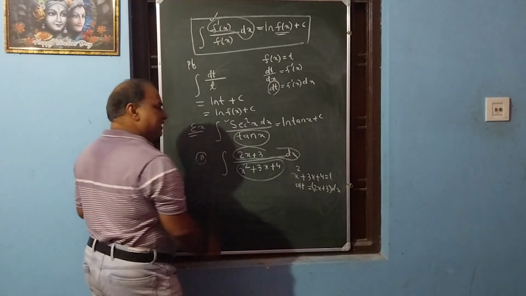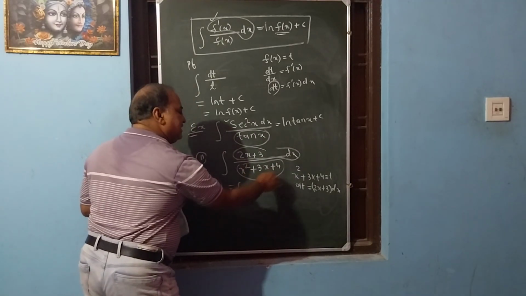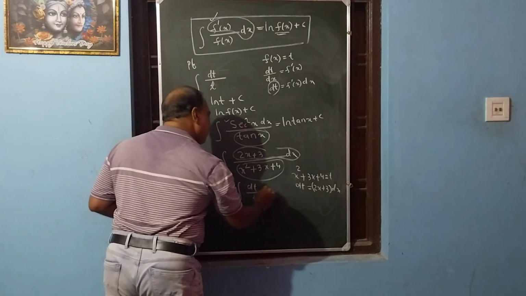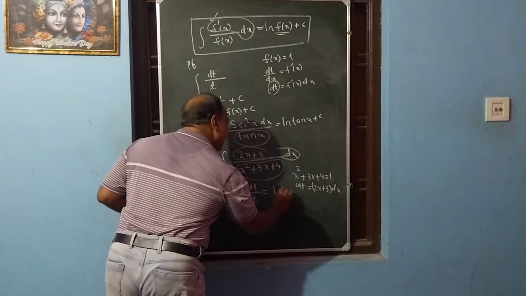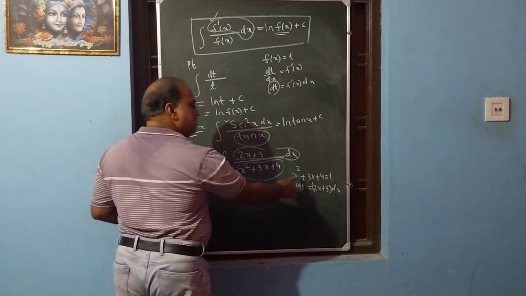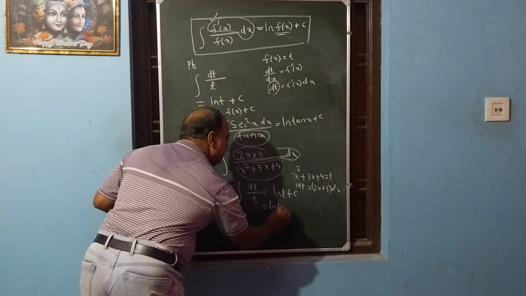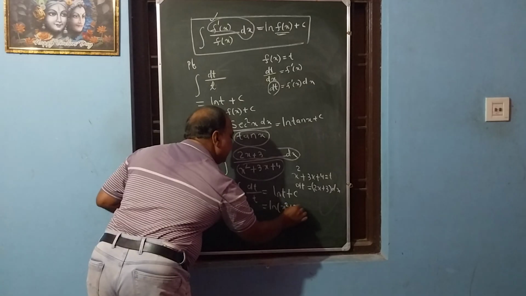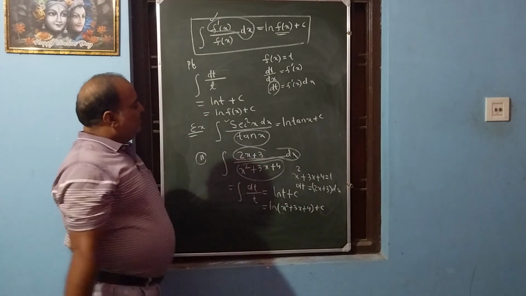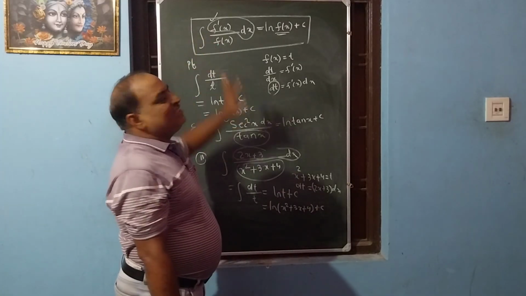In place of (2x plus 3) dx, we have to put dt. In place of this, we have to put t. So this integration value will become ln t plus c. Now we have to put x square plus 3x plus 4 in place of t. We get ln (x square plus 3x plus 4). This is the answer. Okay? So today we are discussing the integration of this type.